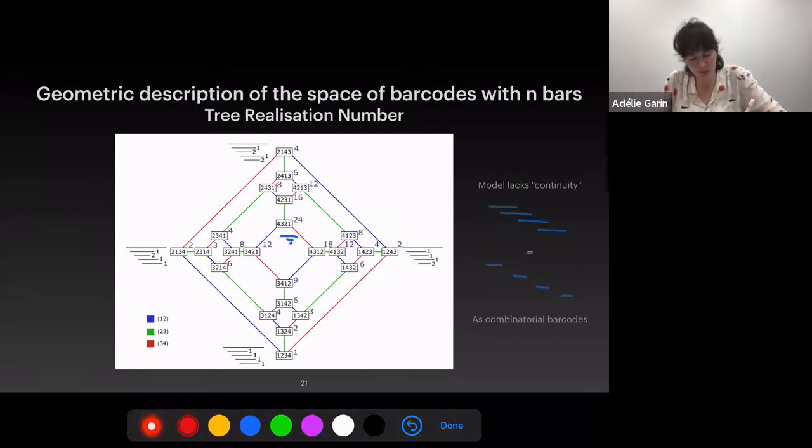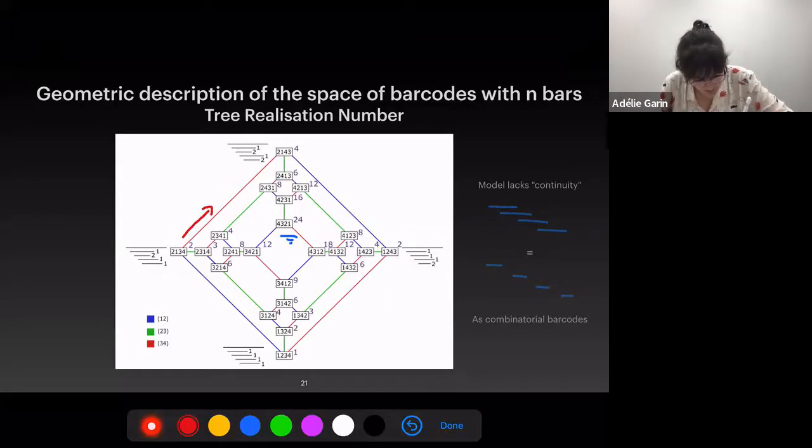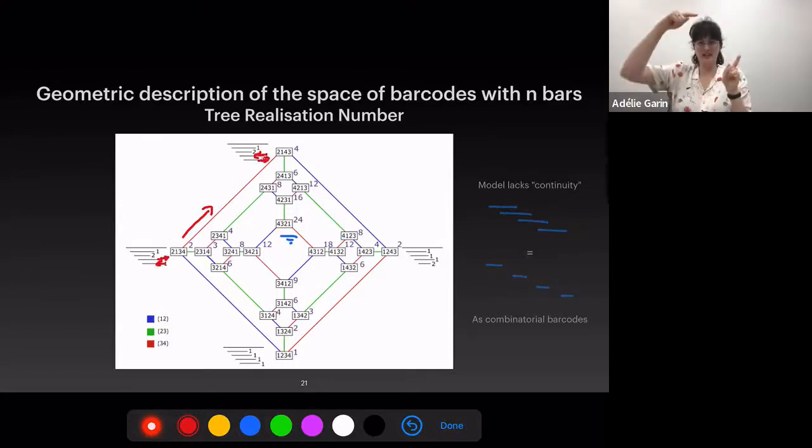Intuitively, that would mean that you're walking on an edge. If you're switching, here it's this one and this one, you're basically walking on this edge between the two vertices. So you have this sort of continuous change in the death value, but that corresponds to one edge in the graph. So it lacks a little bit of continuity.